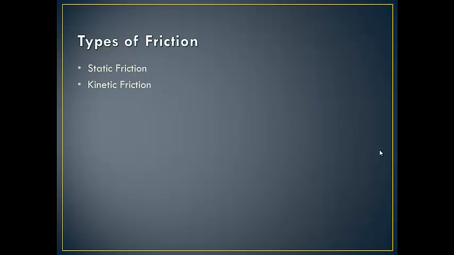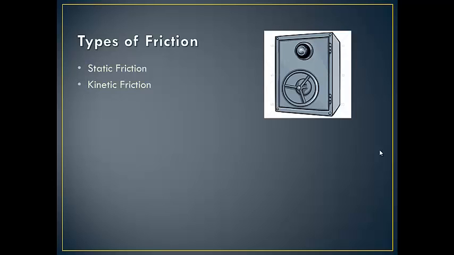Static friction is the amount of force that an object must overcome in order to initiate motion. It can be represented with this safe box, because we are more accustomed to seeing a safe at rest, and it has a very high static friction due to its mass. Kinetic friction is the frictional force associated with moving.